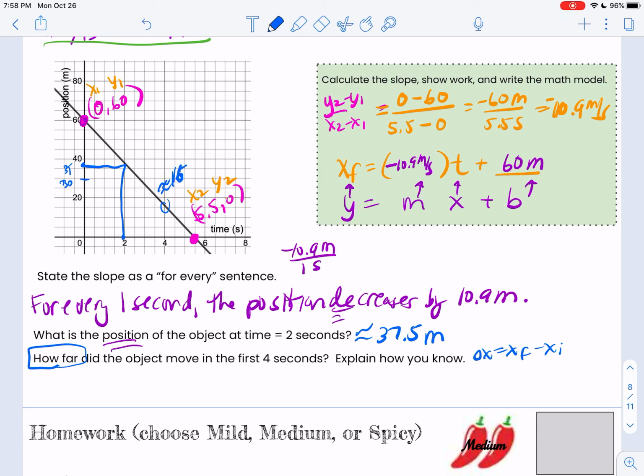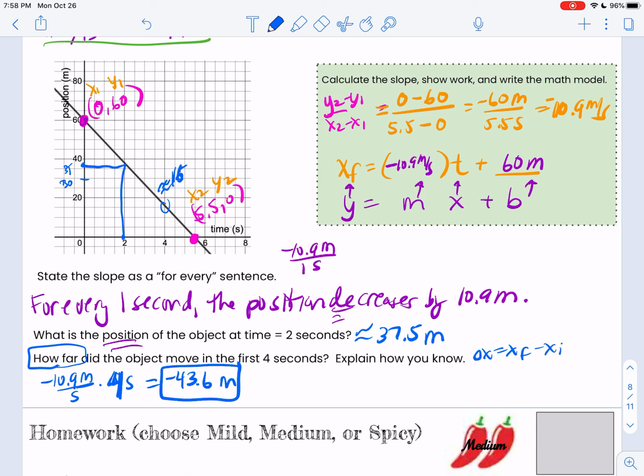So there are 2 ways I can do it. I know if it's going 10.9 meters for 4 seconds, it's going to be 10.9 times 4. So that's going to have gone about negative 43.6, if I calculate it, because it's going 10.9 meters every 1 second, but it's done that for 4 seconds.